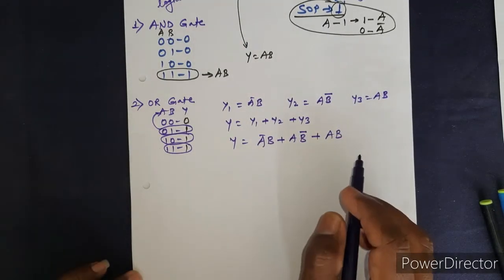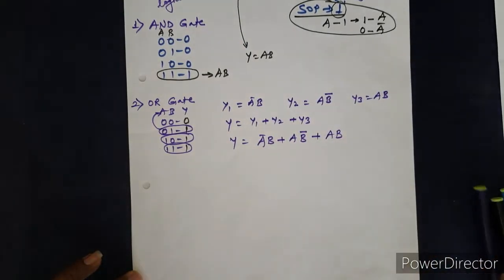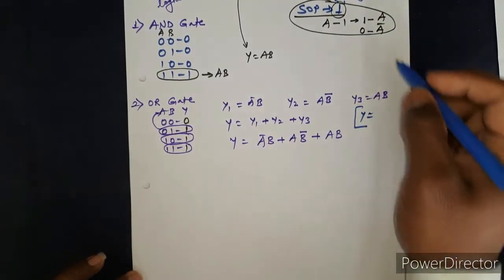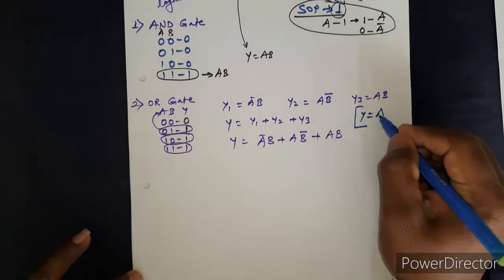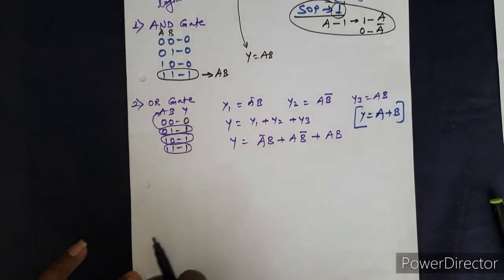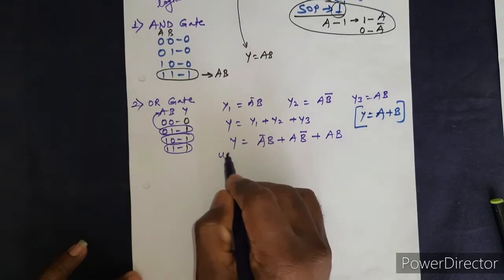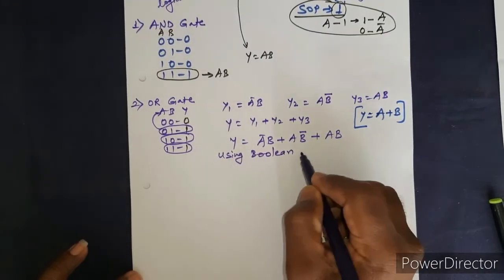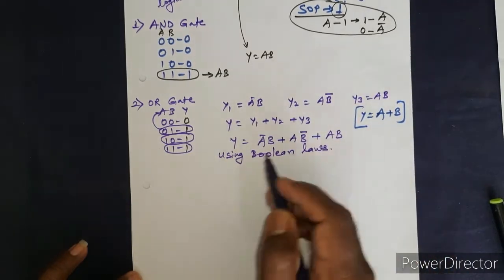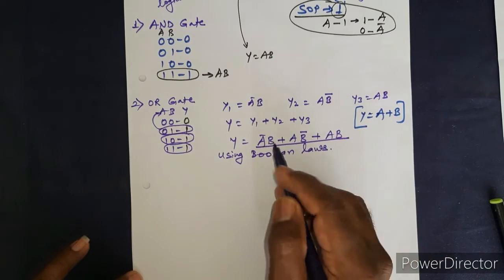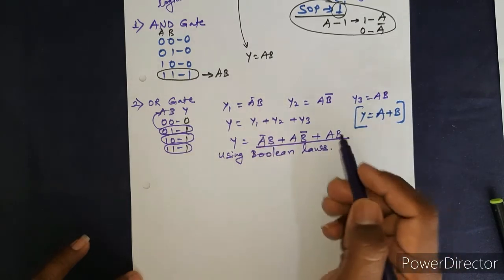We'll try to solve this, because the expression for y that we have seen conceptually is a plus b. Using Boolean laws, if you consider this equation, we can take any terms.